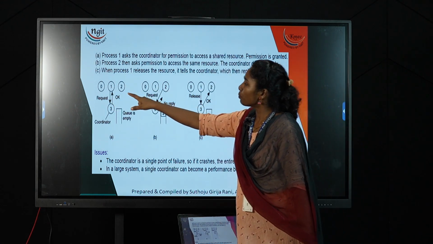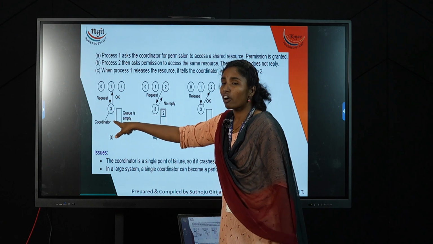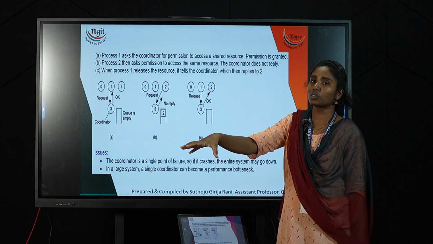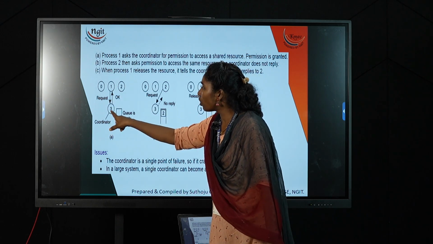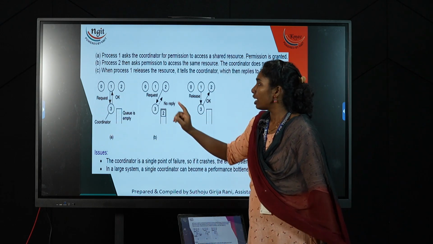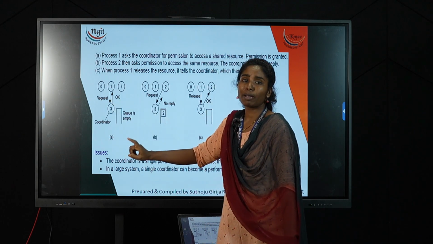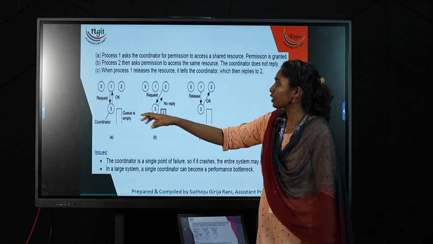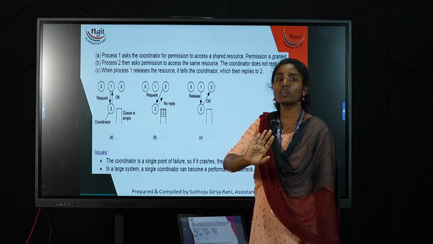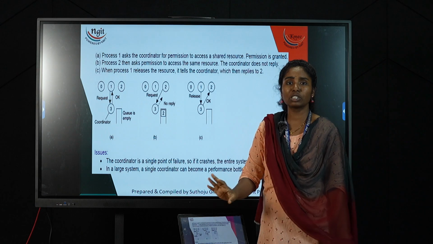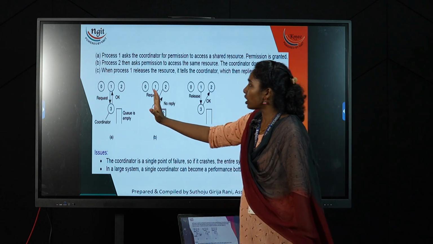Now process P1 is giving a request to the coordinator saying that I want this resource. The coordinator received it. As it got only one request, it will immediately give a response back to the process saying that you can utilize it, OK, because the queue is empty, right? Because no one is utilizing that particular resource at that point. So this is one point.